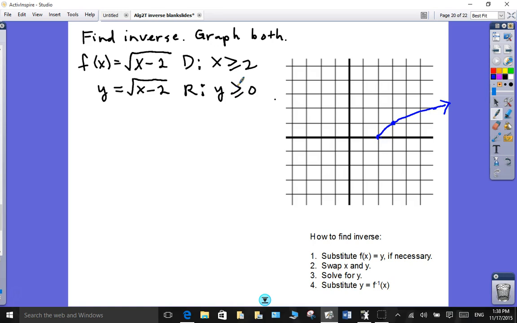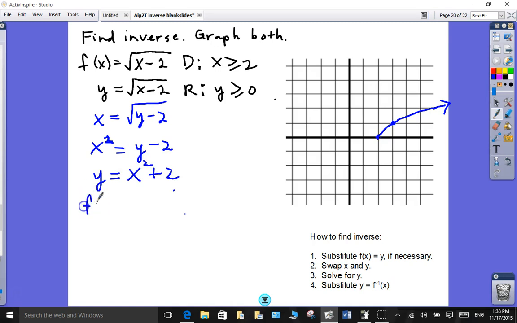Now we'll find the inverse, right? I did the first step. I substituted the y. Okay, now I'm going to switch. Okay, how do I solve for the y since it's inside of a square root? You square both sides. x squared equals y minus 2, which means y equals x squared plus 2, right?